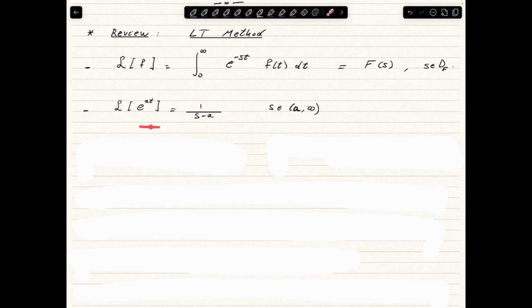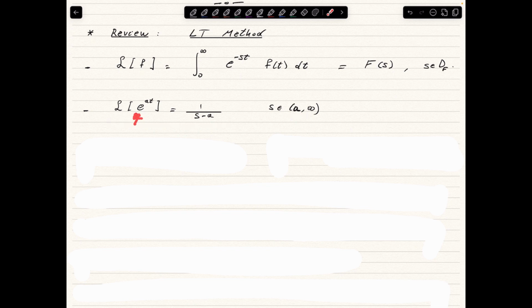We can do this calculation when s is bigger than a. The right-hand side is defined for s smaller than a, but the integral is not. Therefore, we say that the Laplace transform is defined only for s bigger than a.